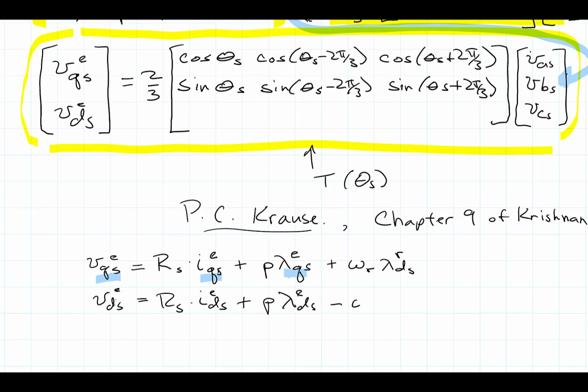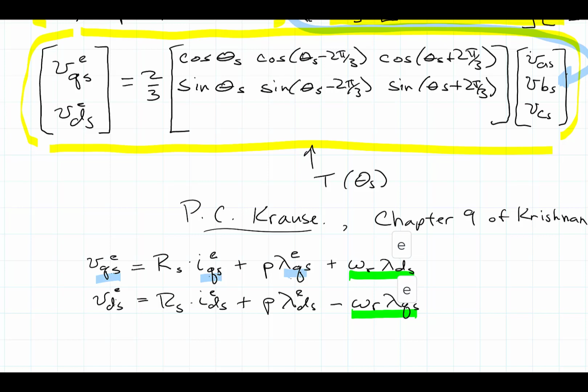Now this is the most interesting and fascinating thing about doing this transformation. Focus on these two things here. So this is coming from Faraday's law, your spatial derivative terms. Notice that you have a Q circuit.